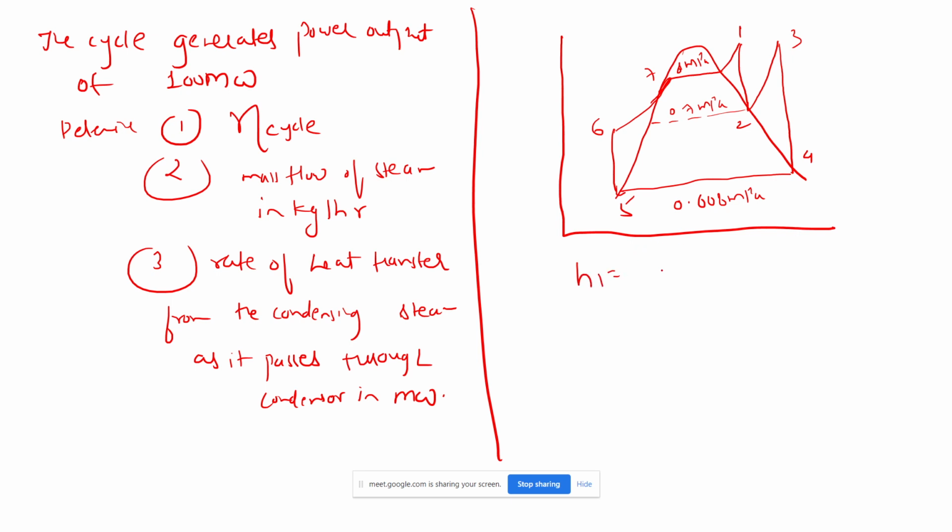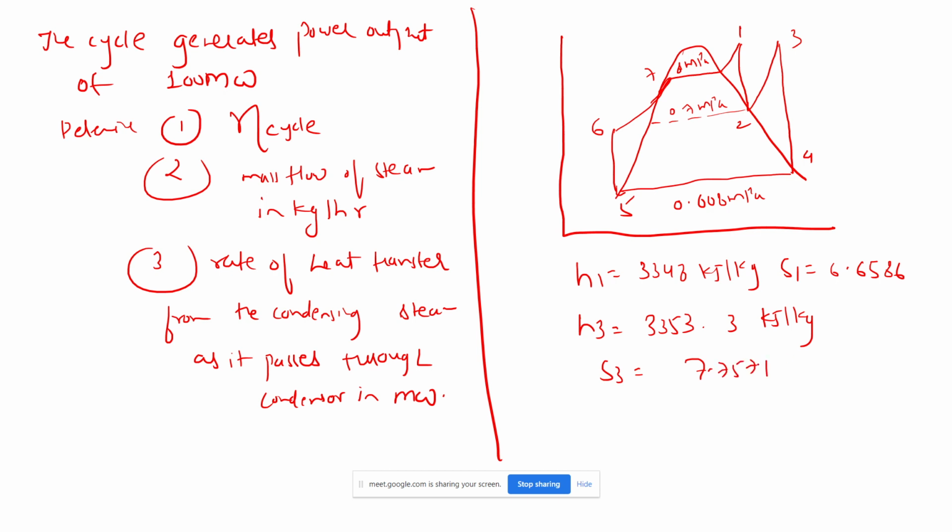What is the value of H1? 3348 kilojoule per kg, and S1 they have mentioned as 6.6586. Similarly at point 3, H3 is 3353.3 kilojoule per kg, and S3 is 7.7571.